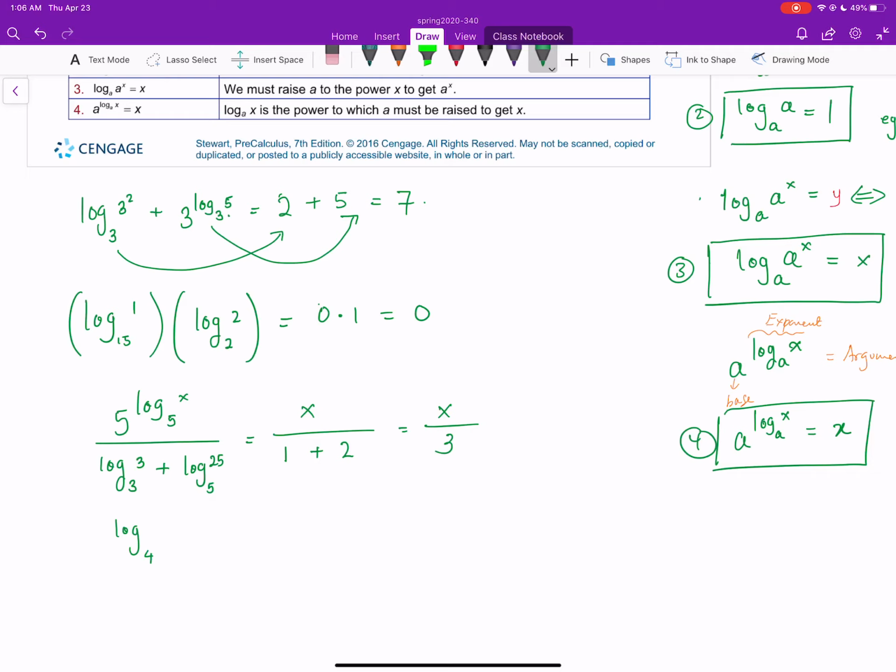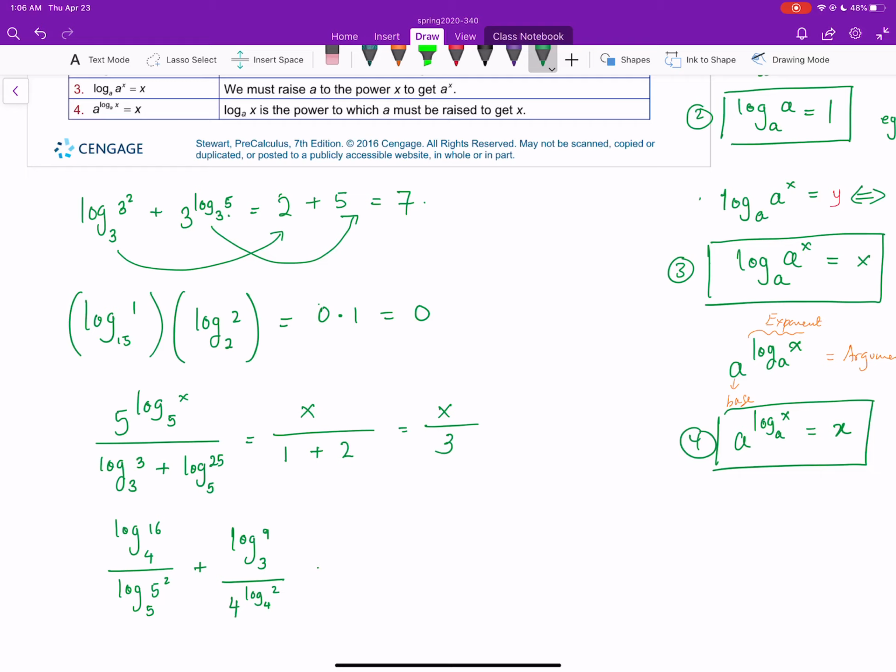Log 4 of 16 divided by log 5 of 5 squared plus log 3 of 9 divided by 4 to the log 4 of 64. That's too big. Let's make it, say, 2.